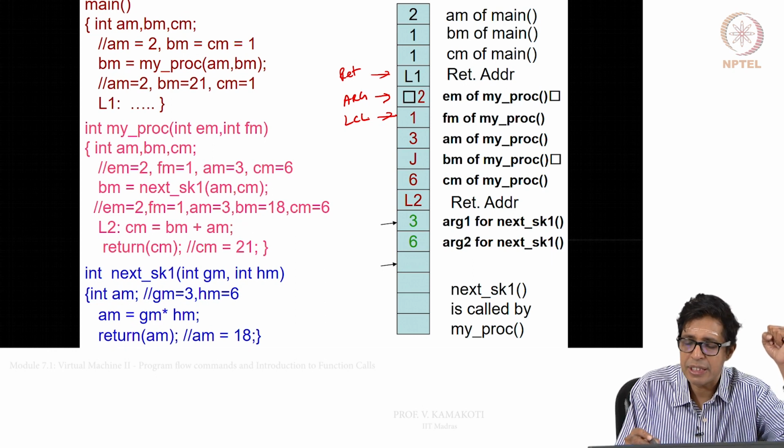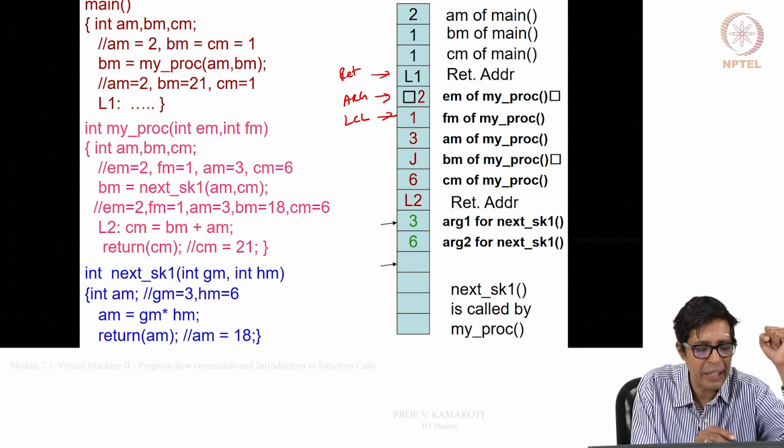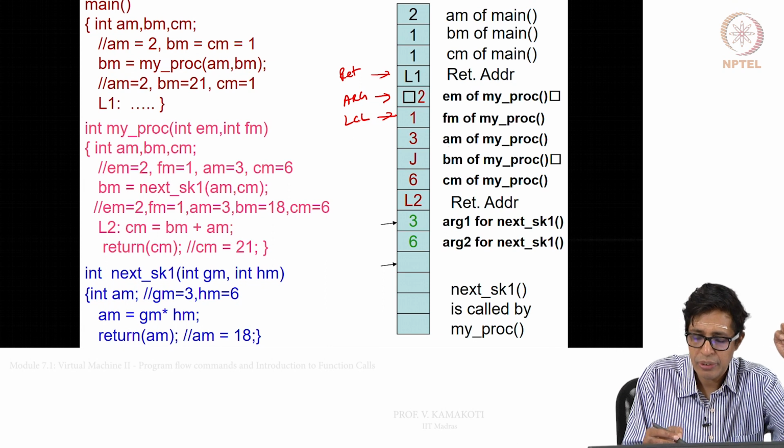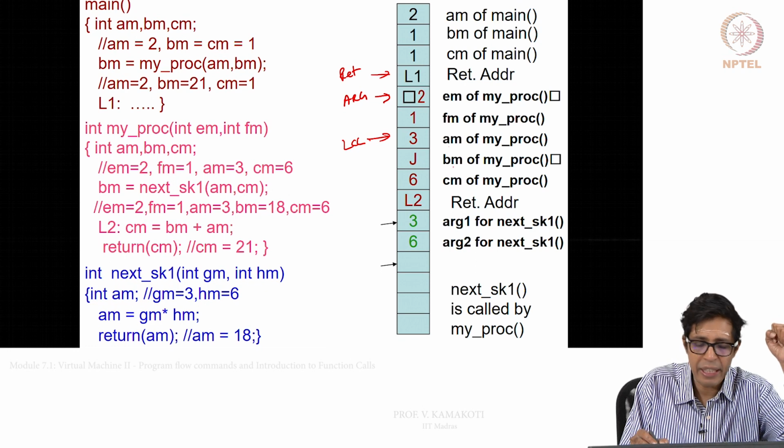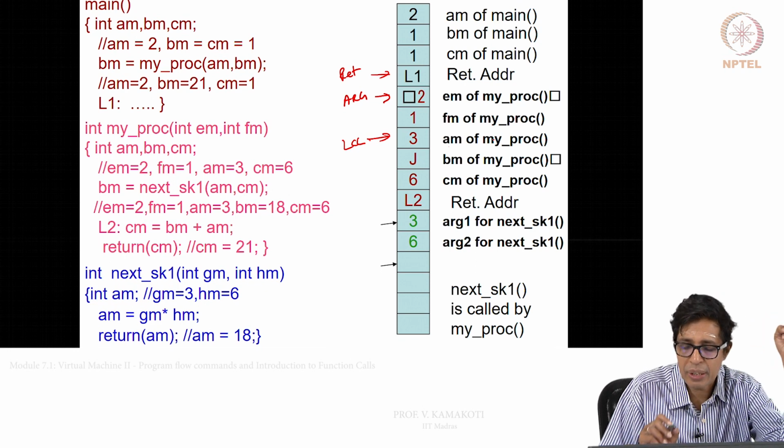So myproc will start executing, there will be a space allocated for AM, BM and CM of myproc. So this is the local.